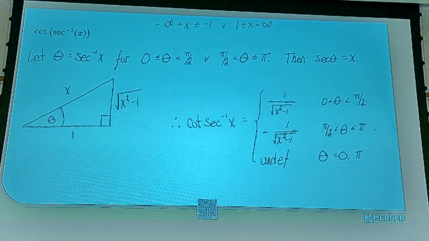And you'd also have to realize, oh yeah, but I can't have x equal to 1, because you have 1 over 0. And that happens at 0 and pi. So I'd still wind up with the same thing. And that should be good. That was probably the trickiest of the bunch.